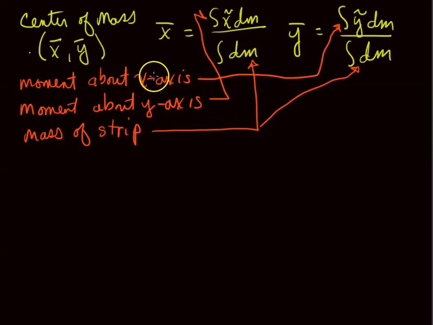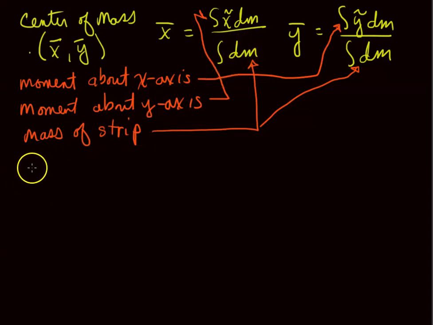So when they ask you questions and say, find the moment about the x-axis, you don't have to find x bar, you find the integral of y tilde dm. About the y-axis is the integral of x tilde dm. The mass of the strip is just the integral of dm.